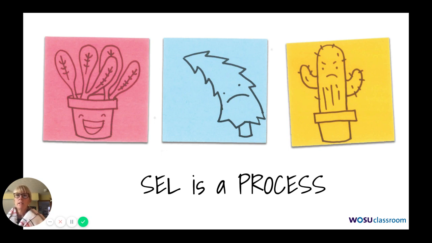In looking at this, we know that schools are looking at SEL as a process, that more and more schools are integrating more complex PBIS systems inside their school. You're integrating more trauma-informed practices. You're looking at resources to include more mental health services.